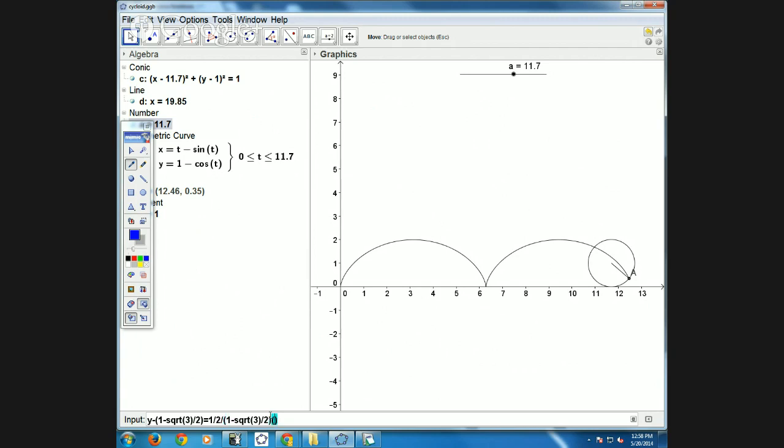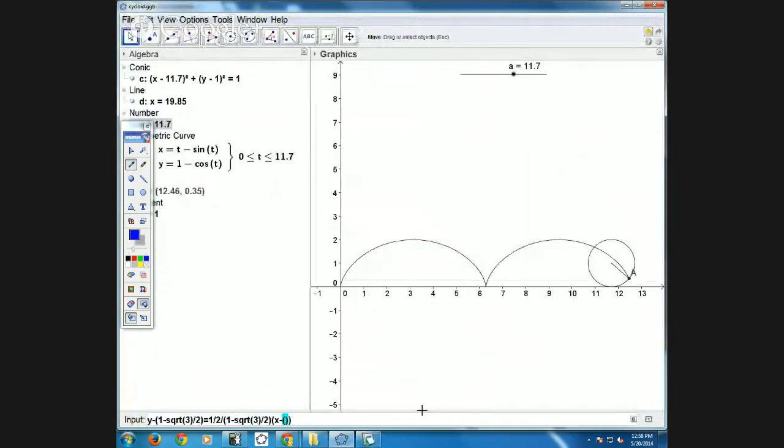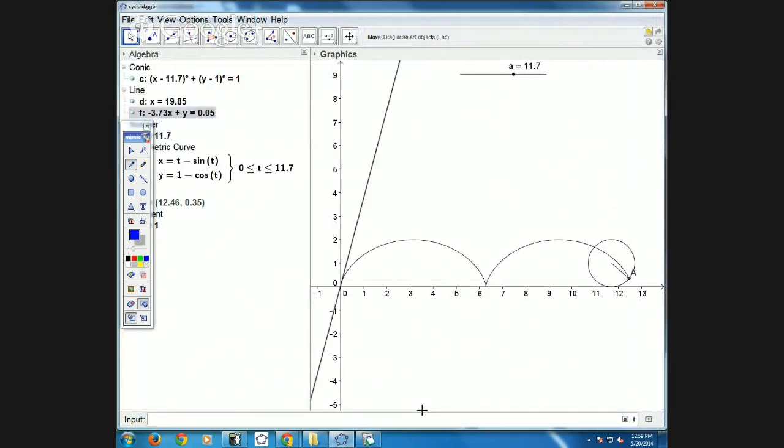And times x minus the x value. What is my x value? It is pi over 6 minus 1/2. So I can just type over those exactly how they are. So pi over 6 minus 1/2. And if I graph that, I get my tangent line right there.